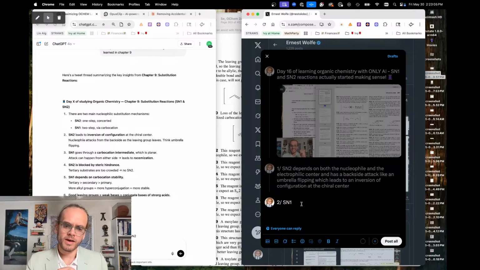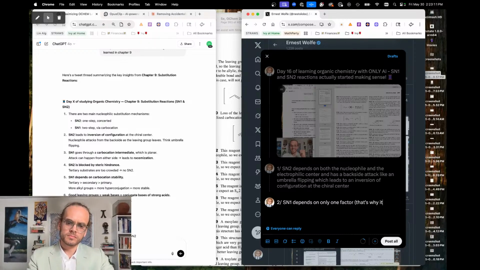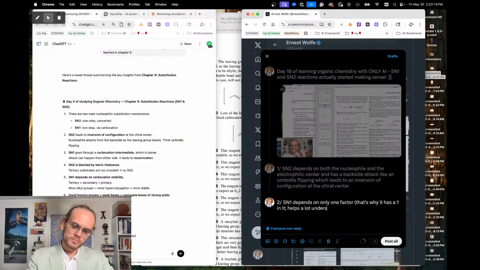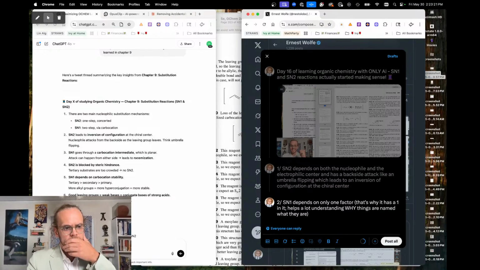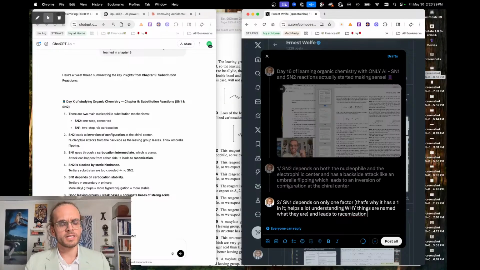SN1 depends on only one factor. And leads to racemization, because the attack can happen from either side.